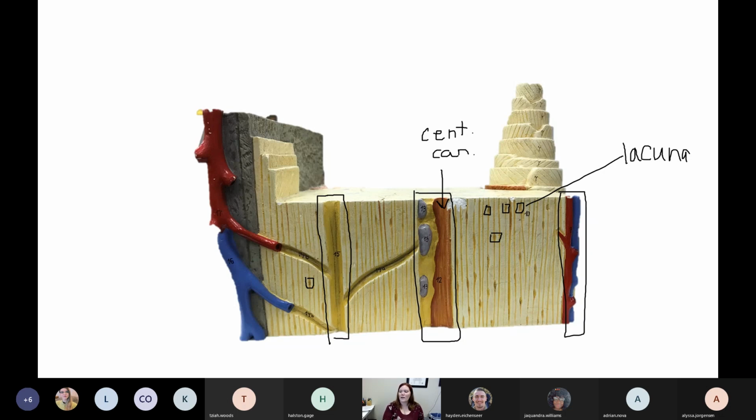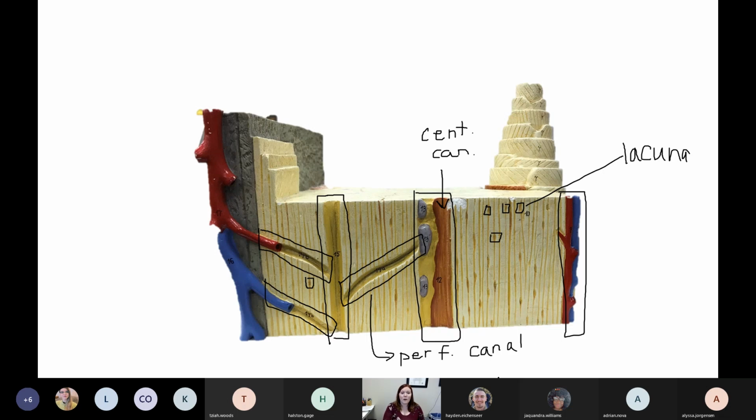Absolutely. If you notice, though, when we're looking at this model from the side, we can also see that there are some places where blood vessels go into or out of the bone tissue at an angle. So when we go into or out of the bone tissue at an angle, now we call these a perforating canal.